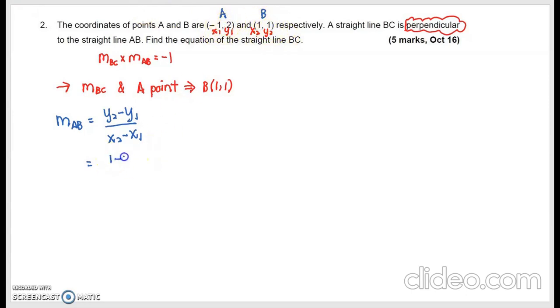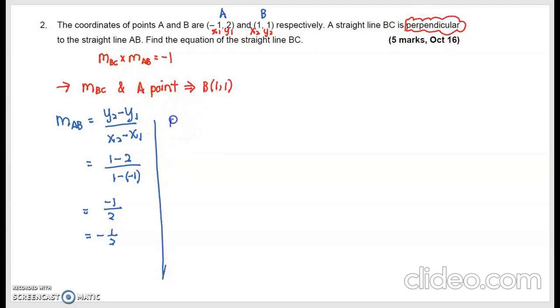So 1 minus 2 over x2 is 1 minus negative 1. So 1 minus 2 is negative 1. Negative, negative is positive. 1 plus 1 is 2. So here is negative 1 over 2. But we're not going to use the gradient of AB because they are not parallel, but they are perpendicular. So this is the formula that we're going to use.